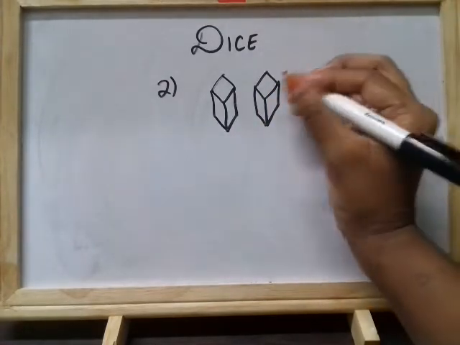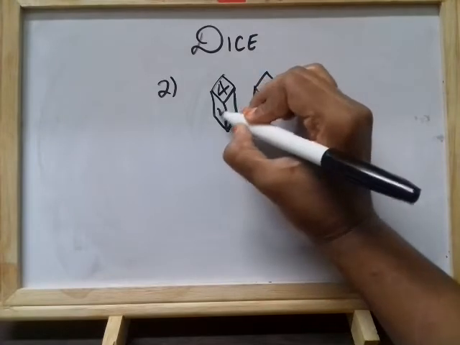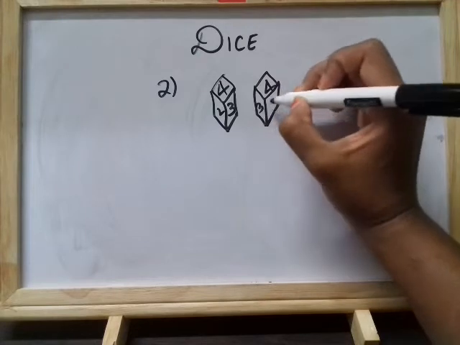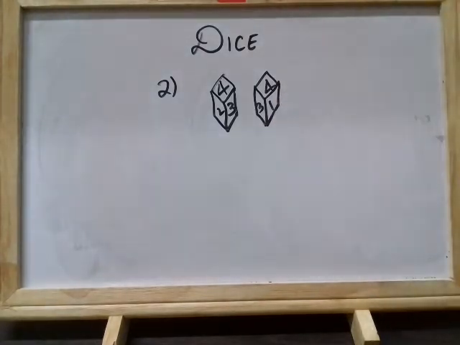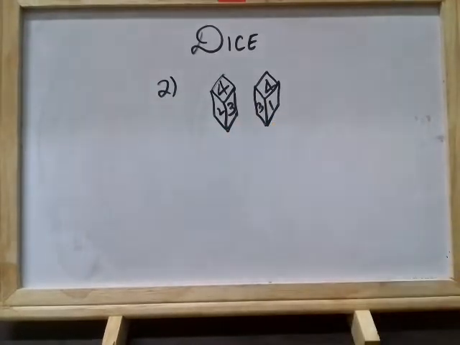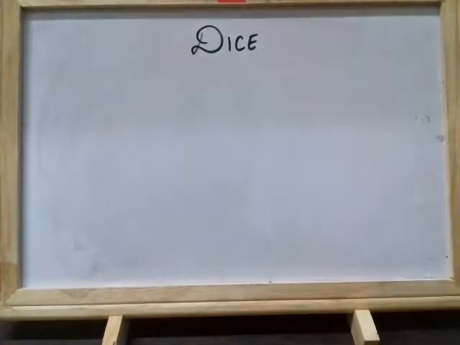The 2 dice placements are like this: 4, 2 and 3, and 4, 3 and 1. When the placements are like this with 2 numbers common, then ultimately 1 and 2 are opposite to each other. This is the second point or key point in dice.